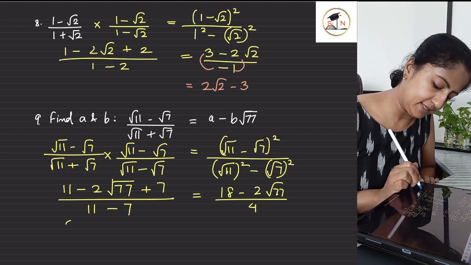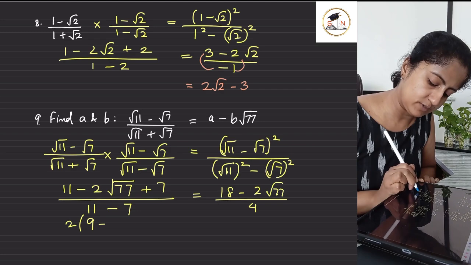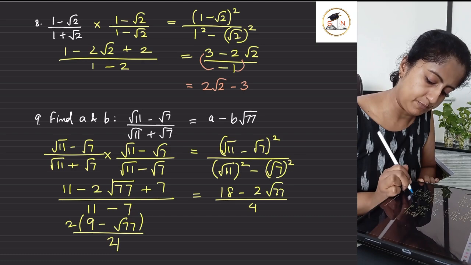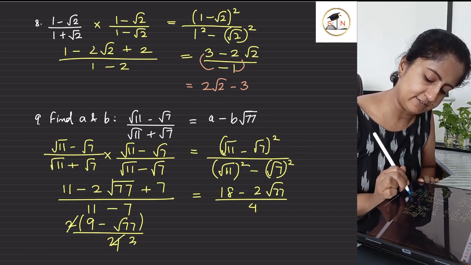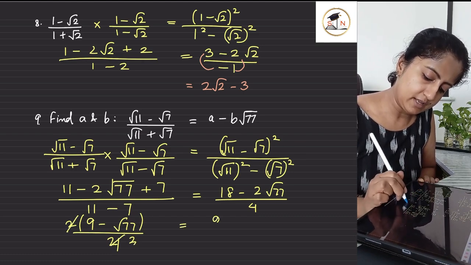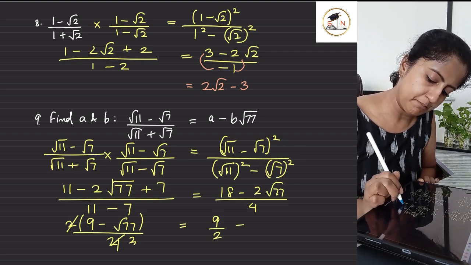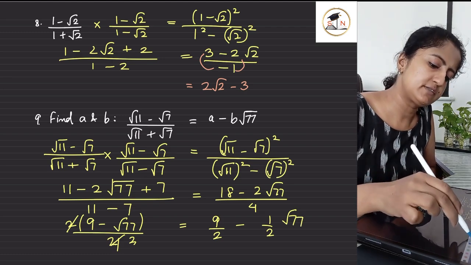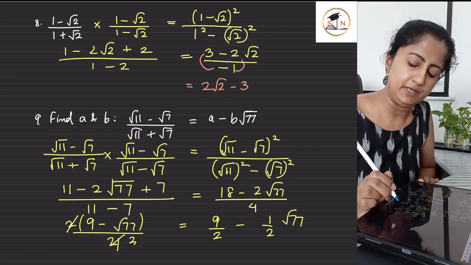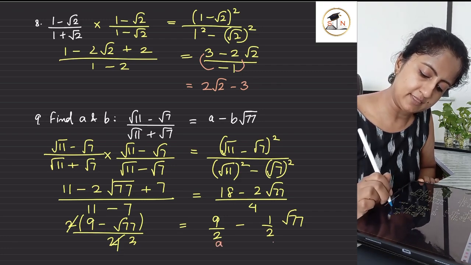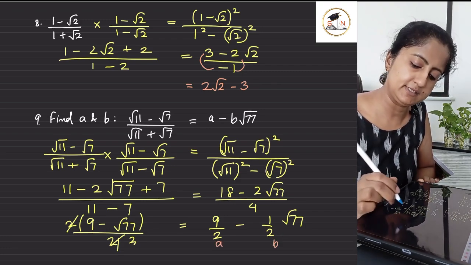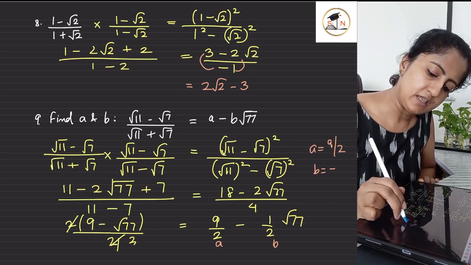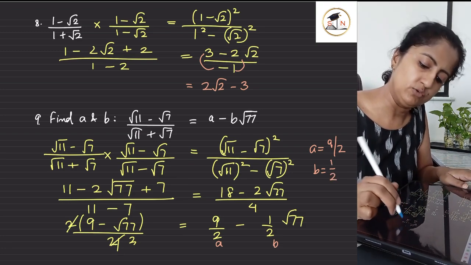So we take that out and it leaves us with 9 minus root 77 upon 4. So 2 and 4 get cancelled, leaving us with 2. I am going to separate it out: 9 over 2 minus 1/2 of root 77. Because if I equate this with a minus b root 77, this is your a and this is your b. That means my a is 9 over 2 and b is 1 over 2.